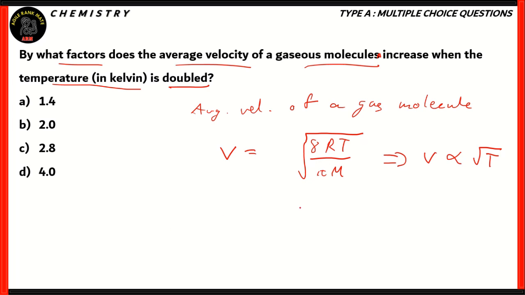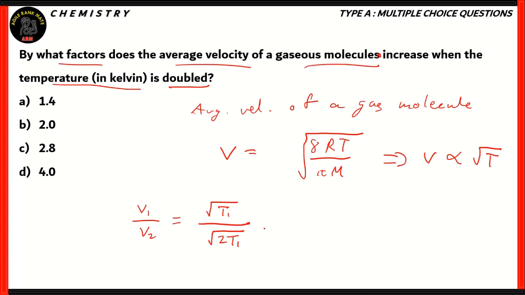Now, this means that V1 over V2 equals under root of given temperature over under root of 2 times the given temperature.